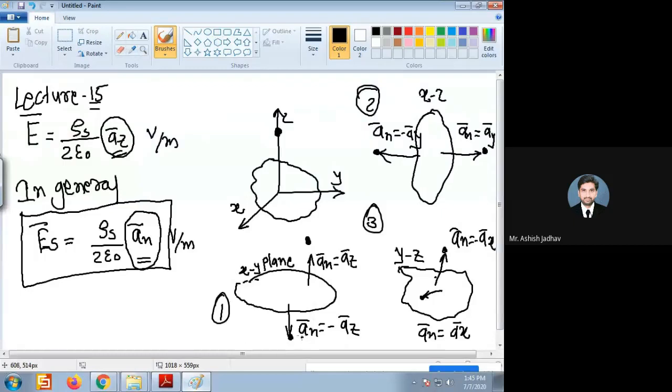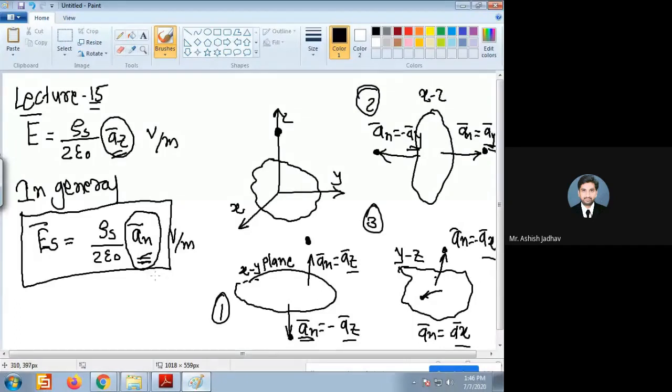So A bar n will take a value A bar z or minus A bar z, minus A bar y or plus A bar y, then it may take A bar x or minus A bar x, right? Six possibilities are there. That's why I have replaced that with A bar n.